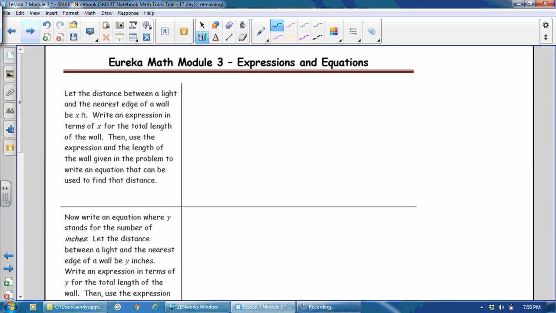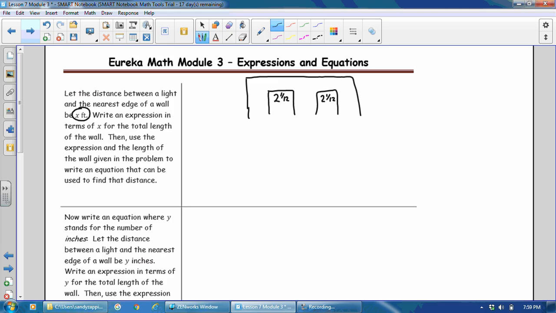Let the distance between the light and the nearest edge of the wall be x feet. Write an expression in terms of x for the total length of the wall. So let's just sketch that diagram again. And here's our pictures. And let's see, it said in terms of feet. So we determined that this is 2 1/12 feet, and this is 2 1/12 feet.